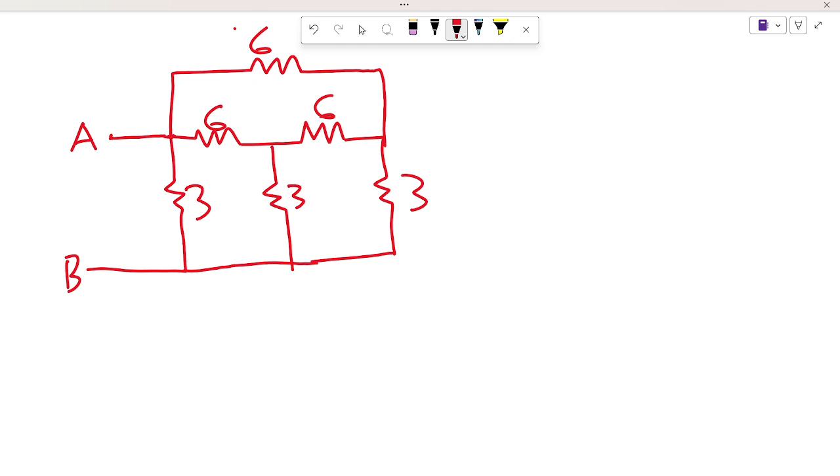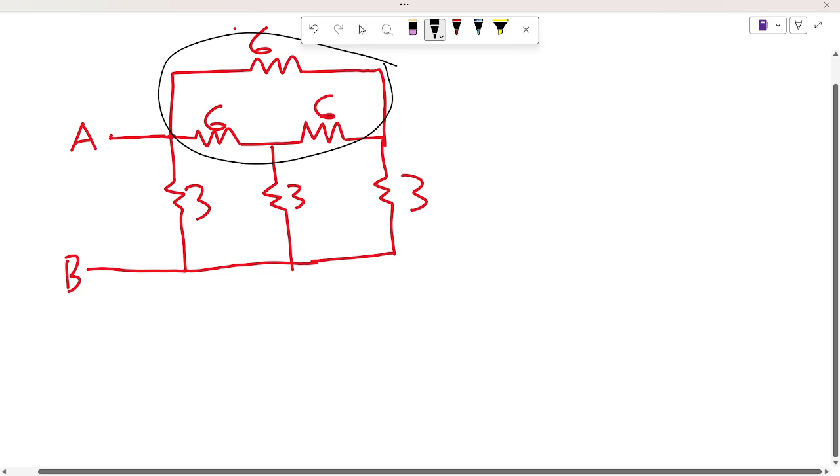Okay, so here we see that we have a star arrangement present here. We have a star arrangement present in the circuit, and we also have a delta arrangement if you look carefully.